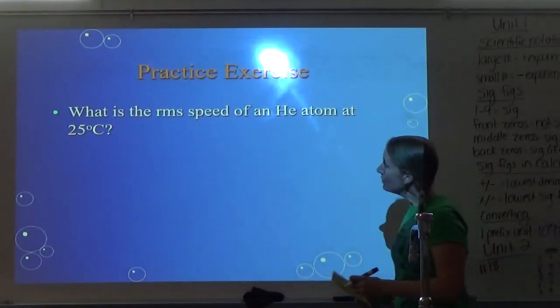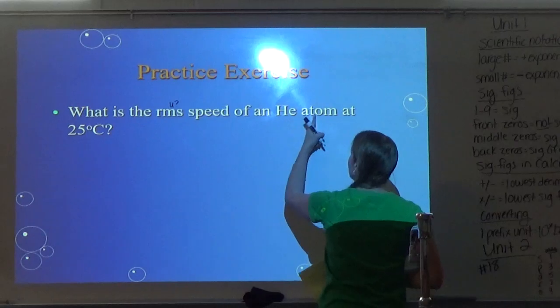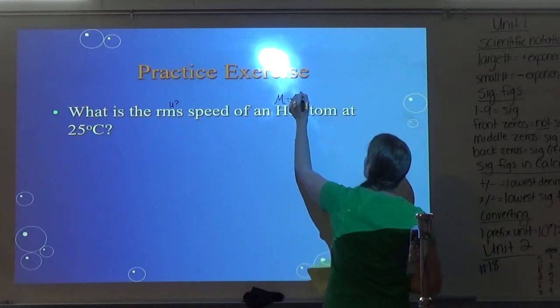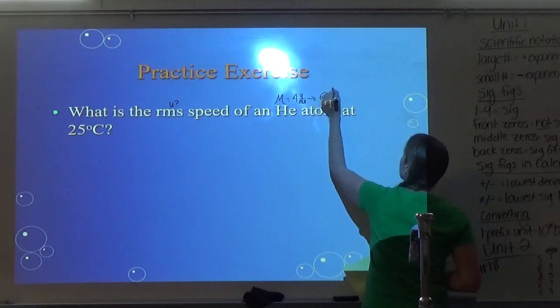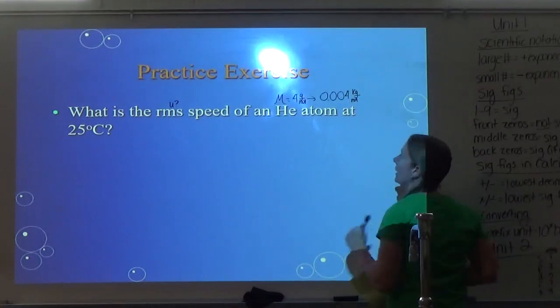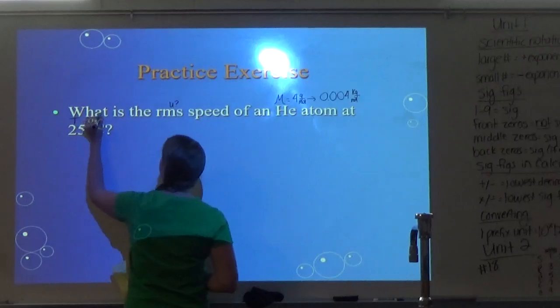It says, what is the RMS speed? So I'm looking for u of helium atoms. I need the molar mass of that, which is 4 grams per mole. But remember, I need it in kilograms per mole, so it's going to be 0.004 kilograms per mole at 25 degrees Celsius. There's my temperature, but that's going to be 298 Kelvin.